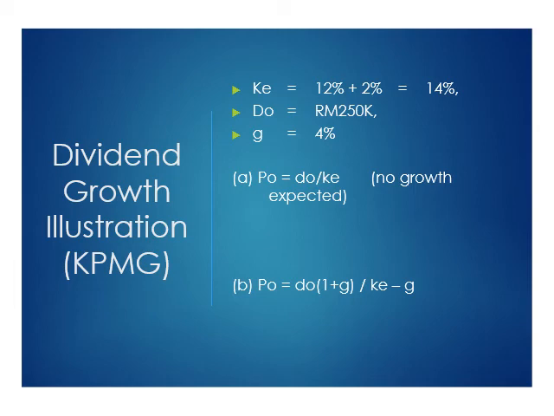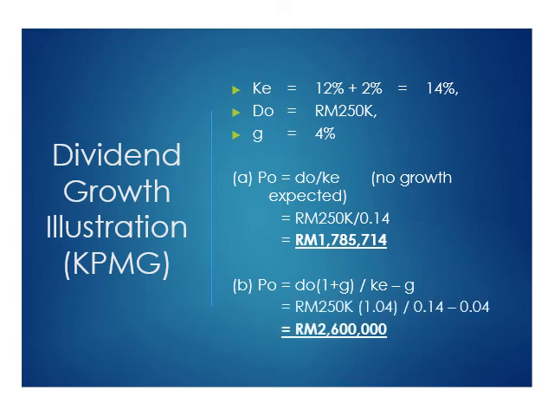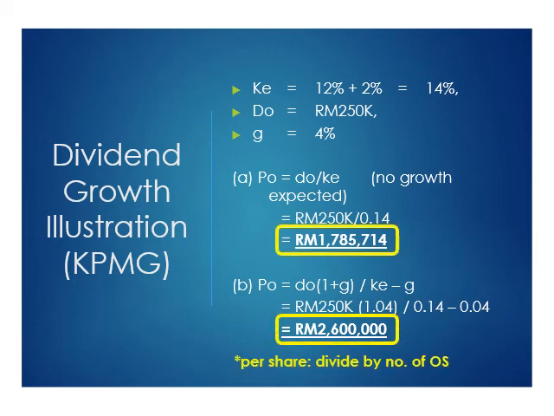For A, with no expected growth in dividend, the market value of Target is determined to be 1,785,714 ringgit, while for B, with expected growth of 4%, the market value of Target is determined to be 2,600,000 ringgit. So these will be the values of the company with and without dividend growth. Per share value of Target for situation in A and B can be determined by dividing the value by the number of outstanding shares.